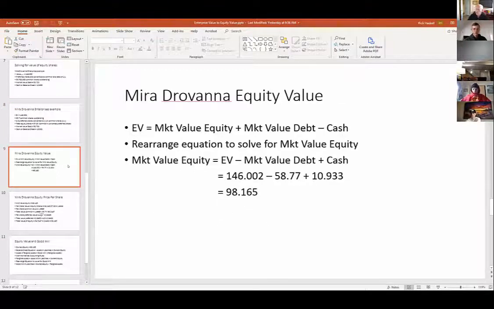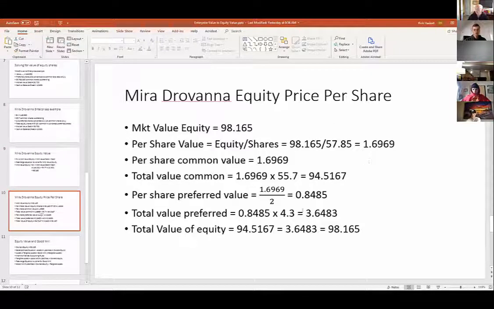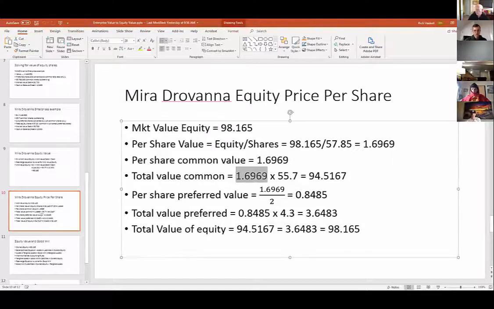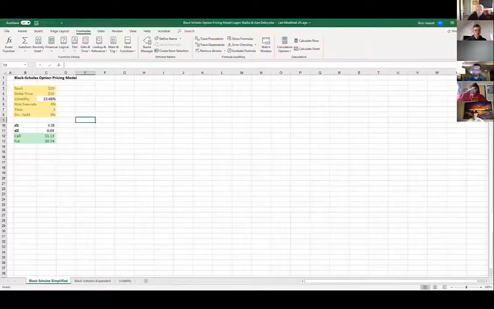So here we broke this down so that we then realized that we had a common price per share for this subject company of $1.69, and we had a preferred price per share of 85 cents. Okay, so remember those, $1.69 and 85 cents. And I'm not going to walk back through how we got here. You already know how to do that. And if you don't remember how, then walk through this and walk through the other material that we shared with you with this. So $1.69 and 85 cents.